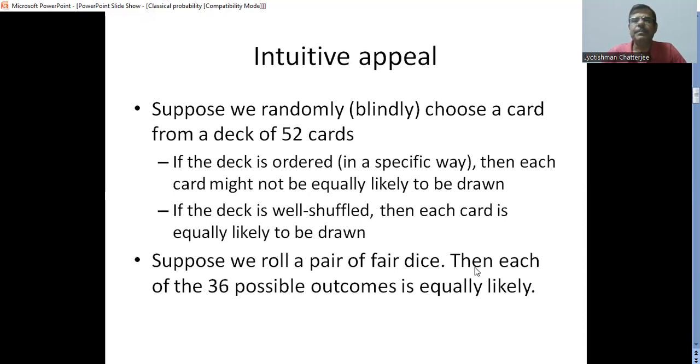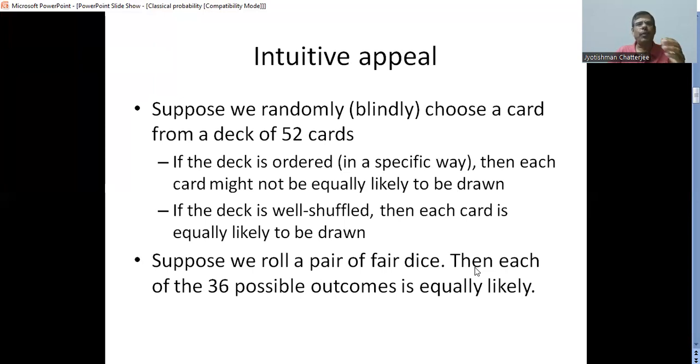Another example. You must have seen a deck of cards. It has 52 cards and there are 4 suits. What are those? Club, spade, heart, and diamond. Each of the 4 suits has 13 cards, and what type are those cards?